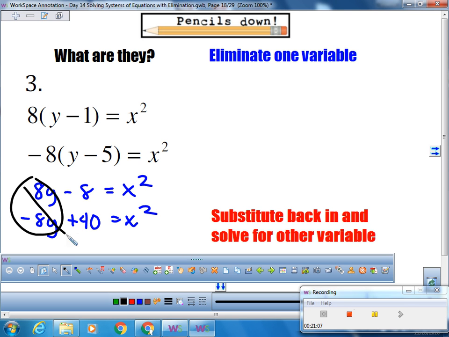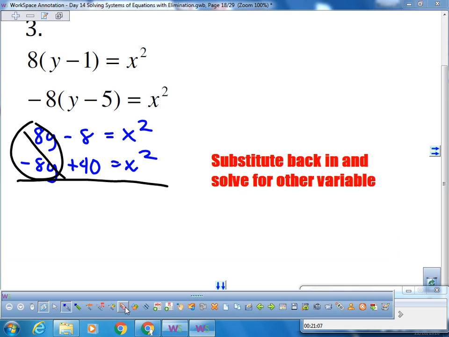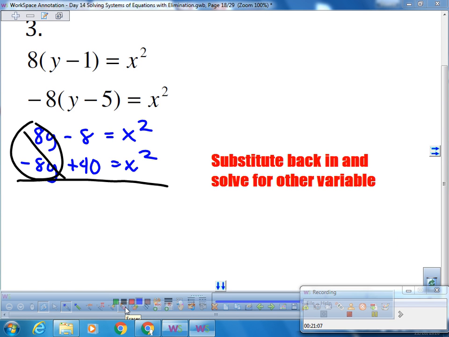So this goes away, and I'm left with 40 minus 8, 32, equals 2x squared, correct? And x squared and x squared is 2x squared. When I divide both sides by 2, I get x squared equals 16.